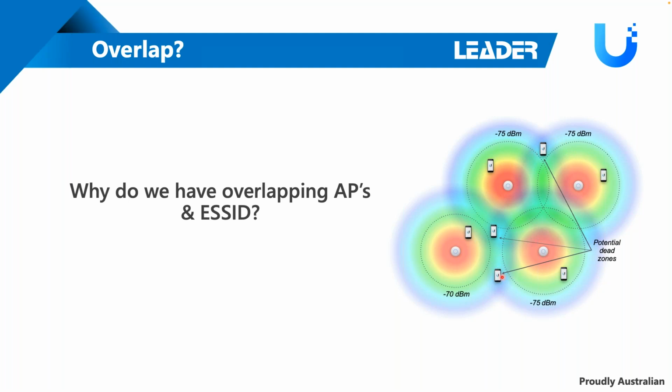What we're trying to achieve through this is to have enough overlap so that there's no dead spots for client devices to go out of range of one of these APs. So that's the primary reason we have your overlap areas. If you don't really need roaming in an environment, then it's not such a big consideration, but it is a very common thing that happens in most deployments.